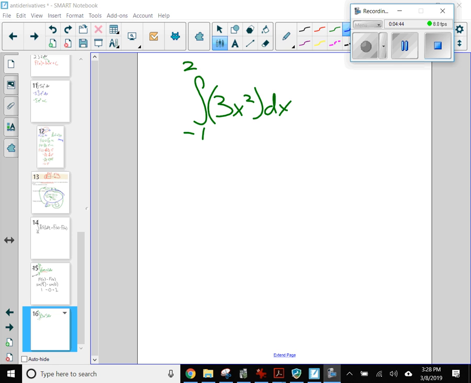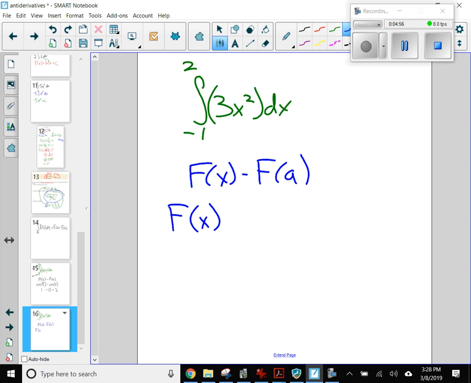Well, again, I know that it's going to be big F of x minus big F of a. The question is, what is big F of x? Well, this looks like x cubed. x cubed is the antiderivative of 3x squared. I just kind of recognize it. I could do the whole placeholder thing, but I'm sure that it's x cubed.